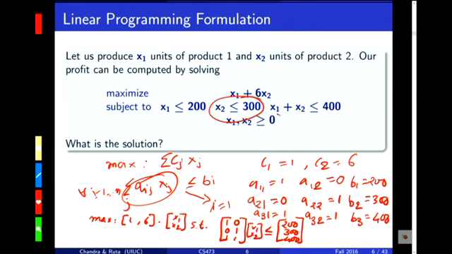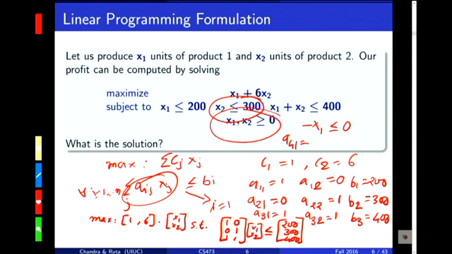And of course, you have these two constraints in addition that you have to add here at the end. Yeah. So if I understand this correctly, the two other constraints are greater than, so you're going to have to do minus. Yes, yes. So if I want to say x1 greater than or equals 0, I have to say minus x1 less than or equals 0. And then this is the fourth constraint, so I'll have A41 to be 1 or minus 1?